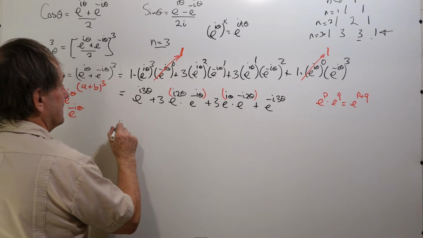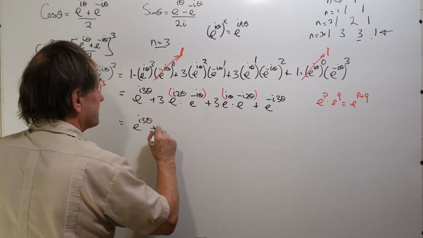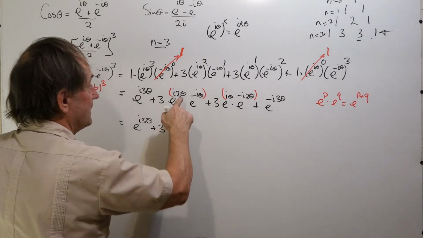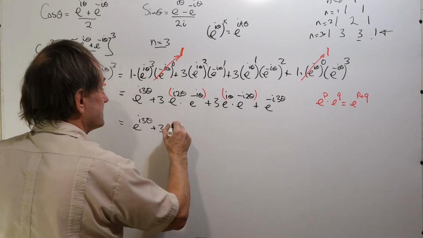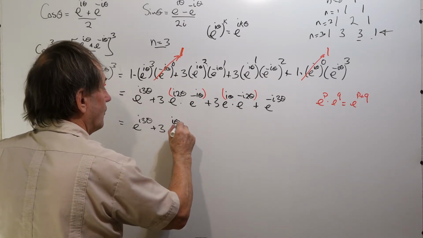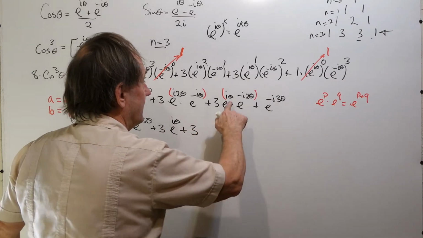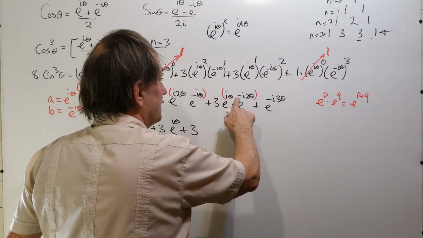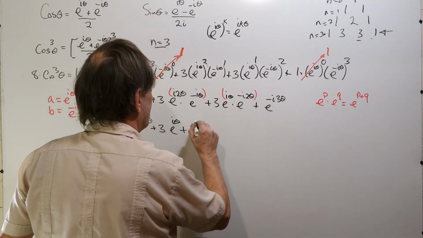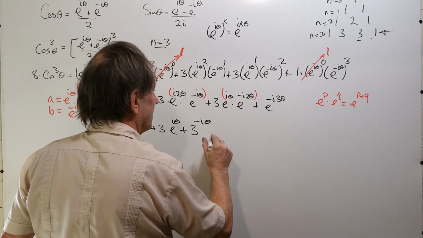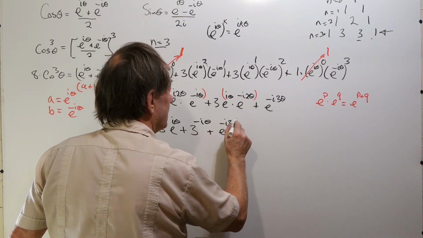So we write this now as e to the i 3 theta plus 3 times e, we have a positive 2 theta and a negative 1 theta, so this is a positive 1 theta, or i theta, plus 3. We have i theta positive minus 2i theta. So this combines to a minus i theta. And then we have e to the minus i 3 theta.